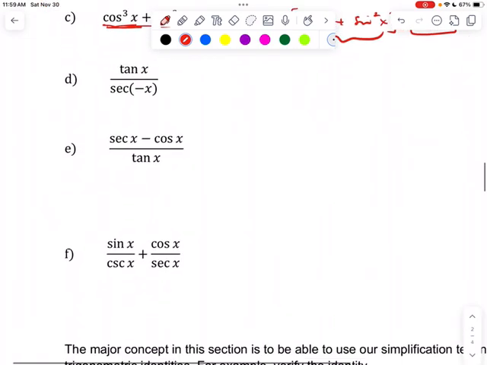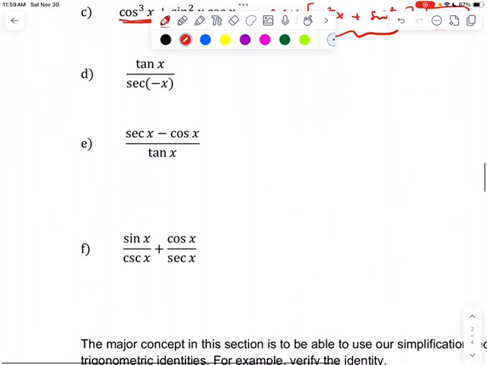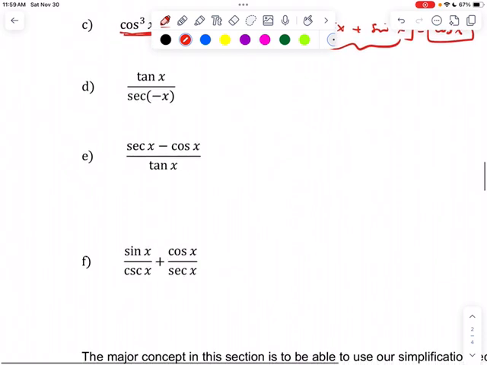Okay. The next one, tangent x over secant of negative x. So remember, in this also it will be easier if we convert to sine and cosine. So I have tangent x, which is sine x over cosine x.